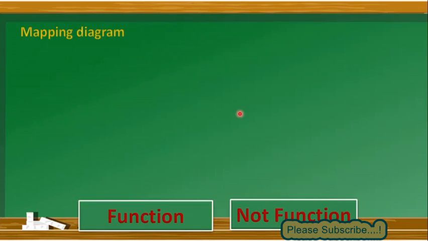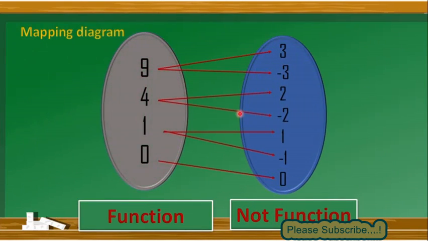Okay, let's take this one example. As you can see, this is our domain, this is our range, our input and our output. 9 is associated to 3 and negative 3, 4 is associated to 2 and negative 2, 1 is associated to 1 and negative 1, and 0 is associated to 0.